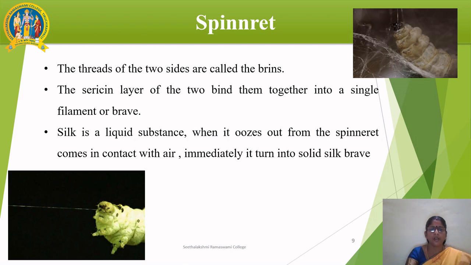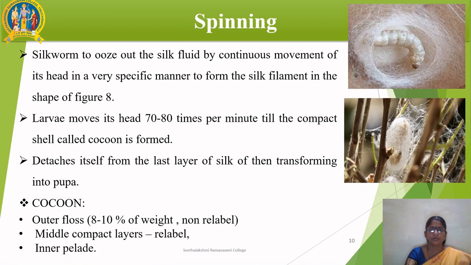The silk is a liquefied substance. When it oozes out from the spinneret and comes in contact with the air, it immediately turns into a solid braid. The silkworm oozes out the silk fluid by continuous movement of its head in a very specific manner to form the silk filament in the shape of figure 8.